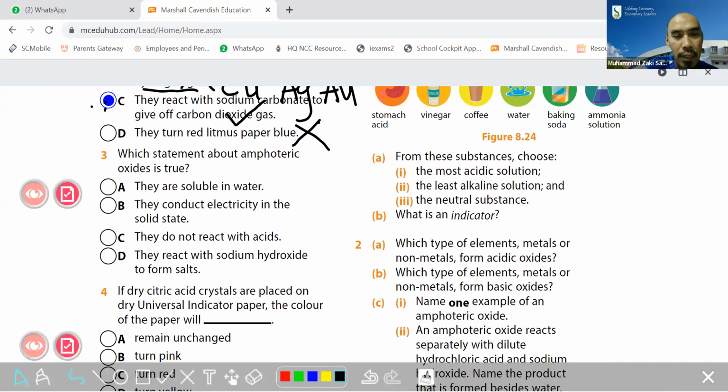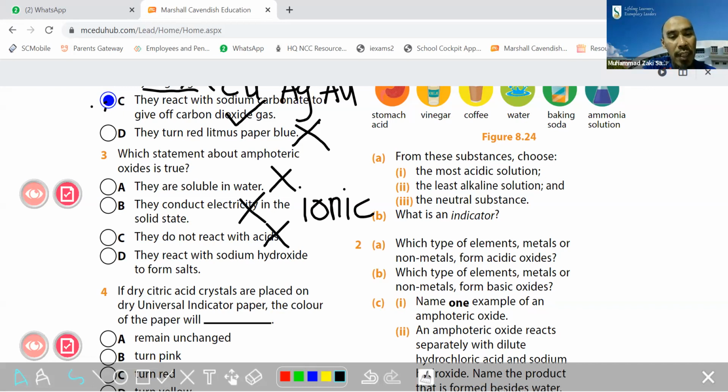But remember, ionic compounds don't conduct in solid state, right? But in aqueous, they will conduct. So this is wrong. Not react with acid? Wrong. React with both acid and alkali.